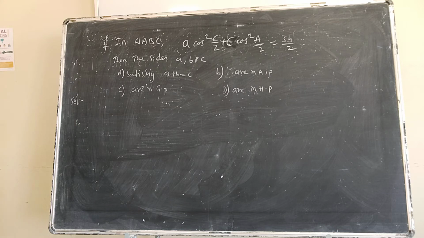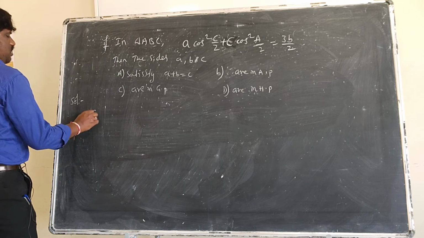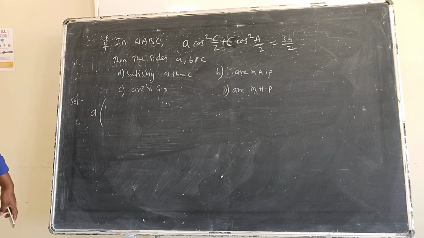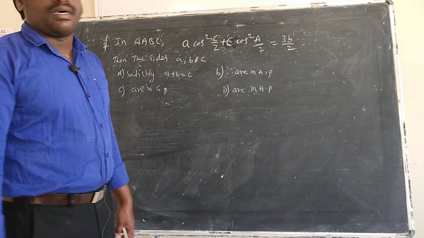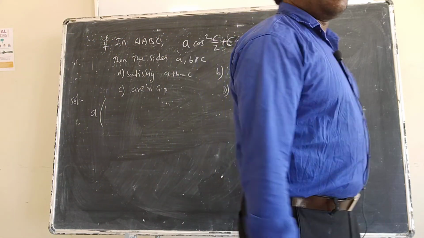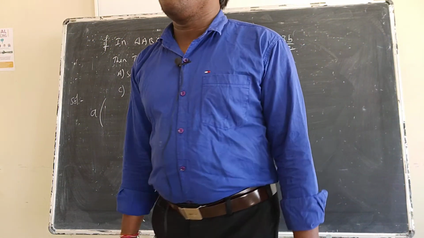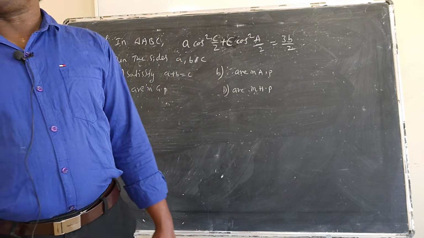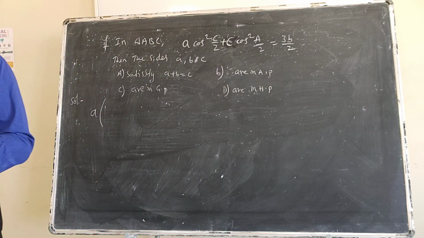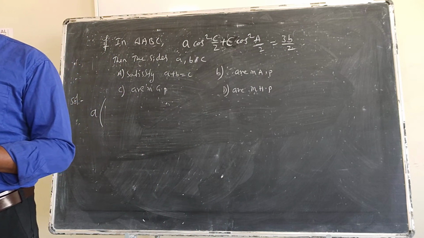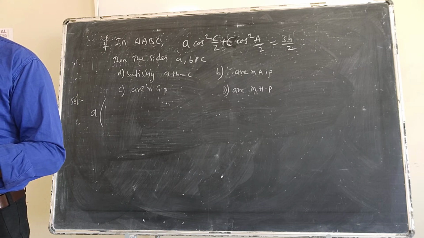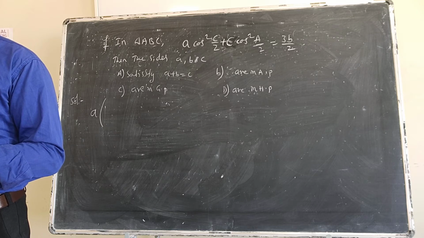So listen here, what I can write is A into, just now I gave the formula. I told you this is a very important formula. Cos square C by 2 can be written as what? 2 cos square C by 2 can be written as 1 plus cos C, correct?